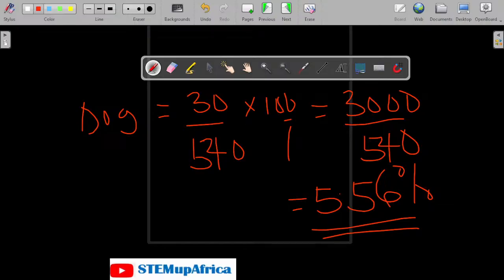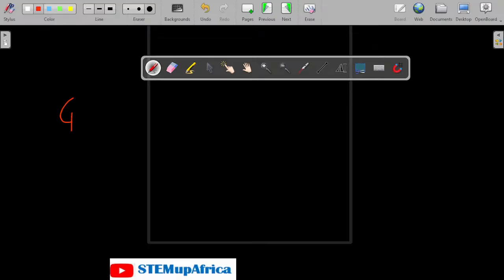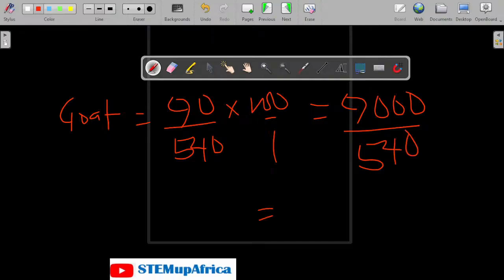That is for the dog. The next one is the goat, which is 90 goats. We have 90 over 540 times 100 over 1, which is 9,000 over 540. 9,000 divided by 540 will give us 16.67%. That is for goats.